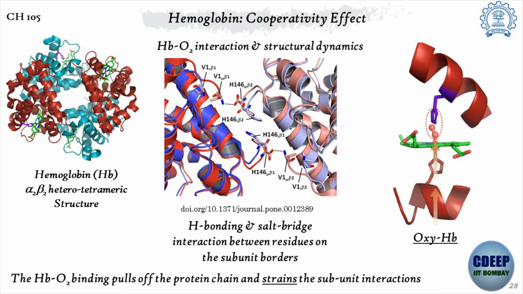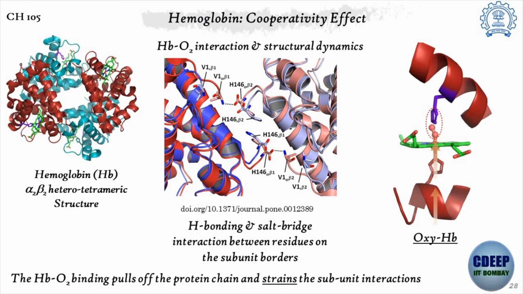And this interaction makes the hemoglobin structure very strongly bound, all the 4 different subunits. Now what happens when we put the oxygen over here, and this oxygen binding pulls the iron, pulls the histidine bound to it, the proximal histidine, and the protein system bound to the proximal histidine also gets pulled up?